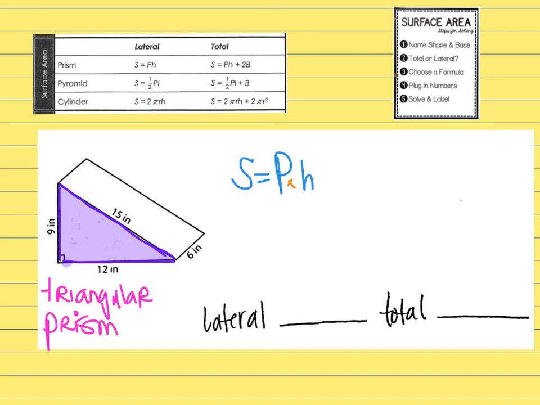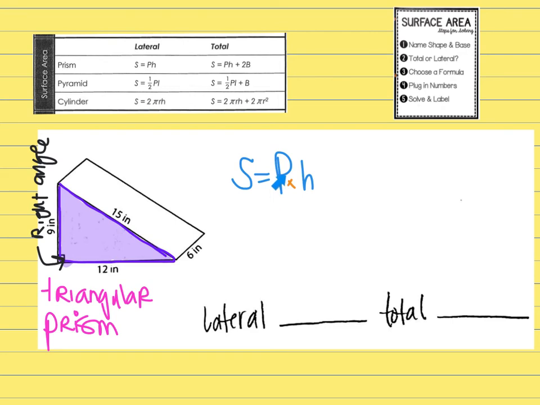You'll also notice that there is a right angle. The right angle is going to be super important when we get ready to do the area of the base. I'm going to just put that in there. There's my right angle. So those two numbers will be important in a second.